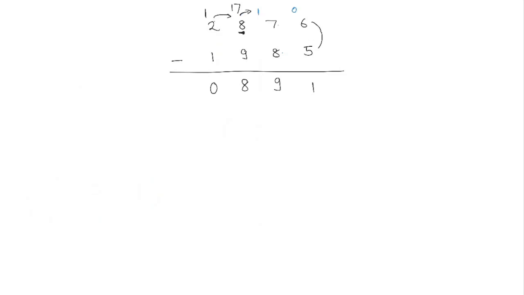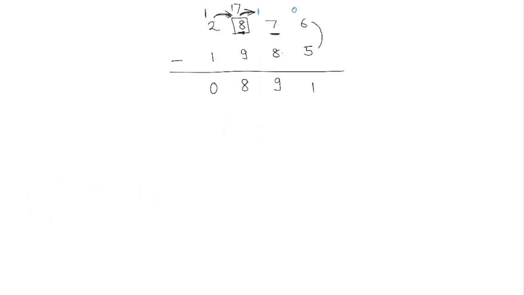So you see, now if you look at this 8, you can see that borrows can work in two directions, right? It may be that the 8 is giving a borrow to the digit which is before that, or it is taking a borrow, right?